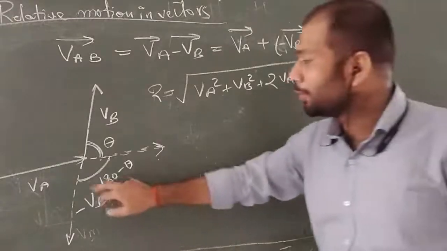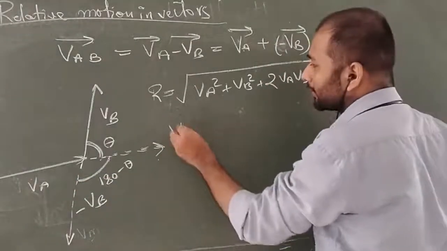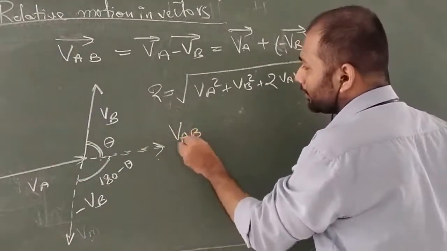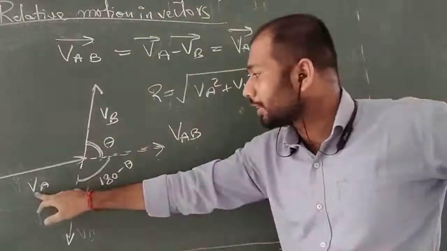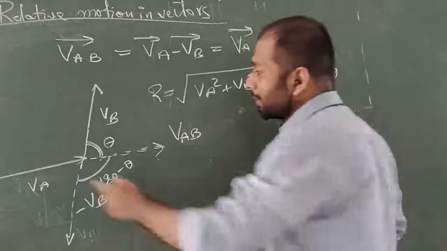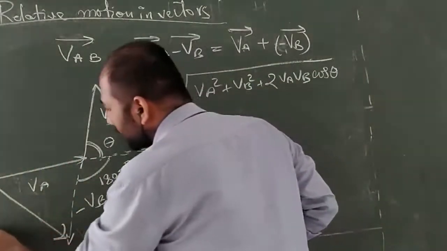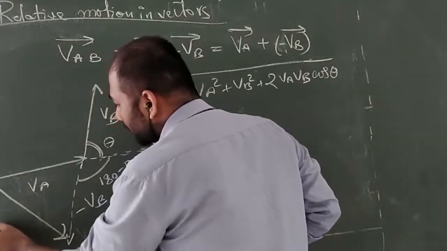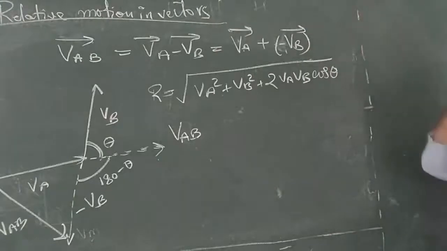Now let us write with this value. VAB is now acting as a resultant. This is the first vector, this is the second vector, and if I join the third side, it gives me the resultant R, or VAB.